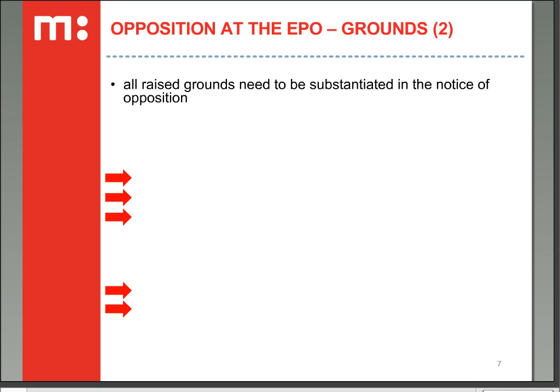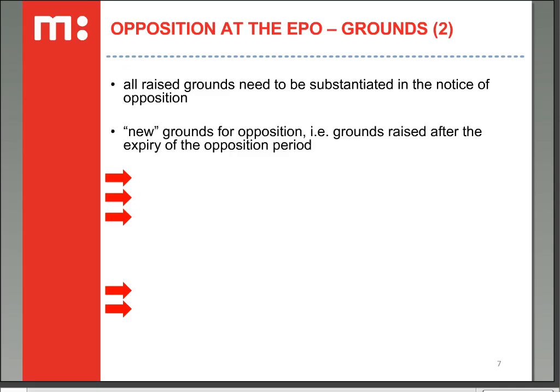And the problem at the EPO is that if you want to have new grounds for opposition, let's consider a situation where you file an opposition and you base it only on lack of novelty and inventiveness, and afterwards you find out that the claims contain subject matter which was not originally part of the invention of the application. The problem with that is that at the EPO, these new grounds for opposition are only allowable if prima facie relevant.